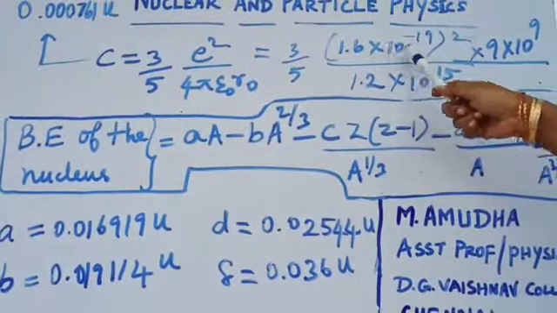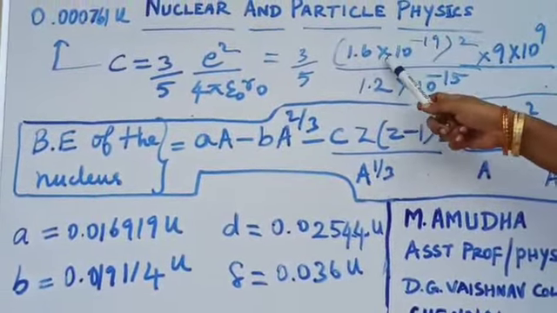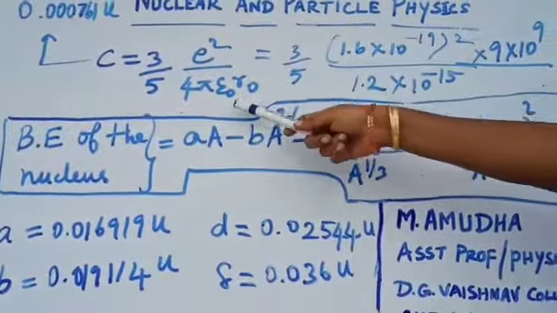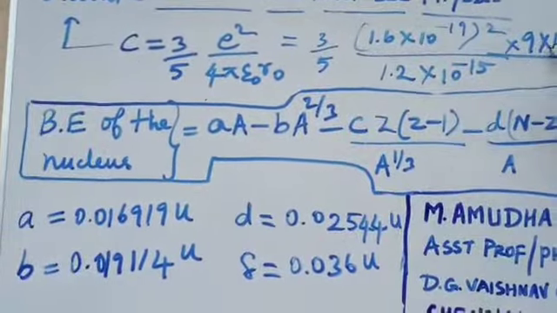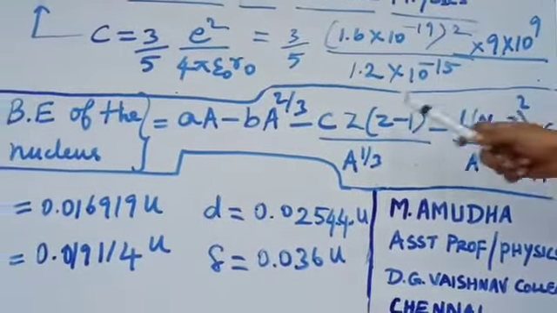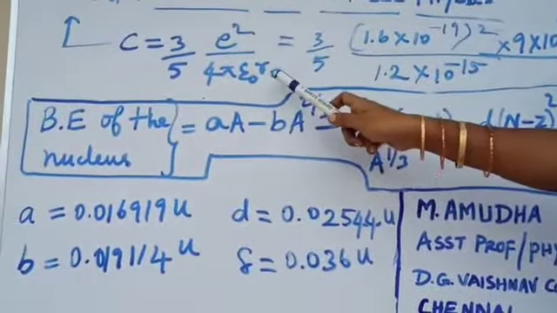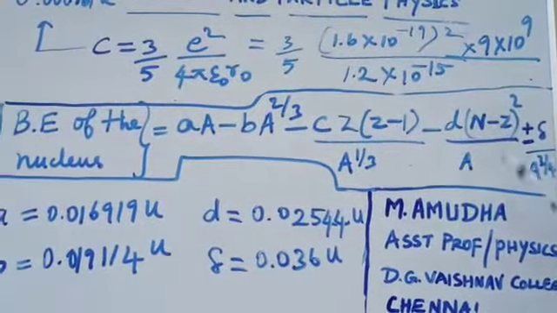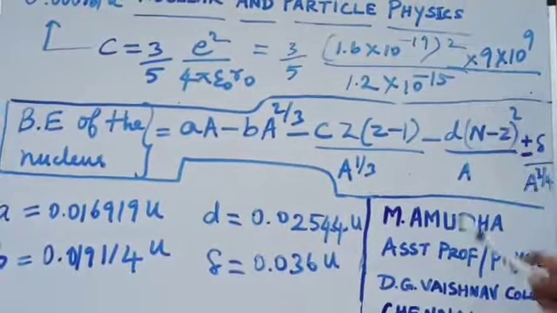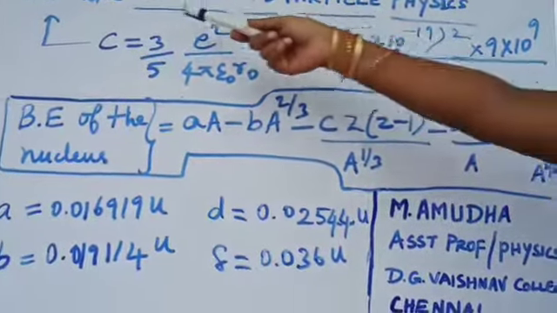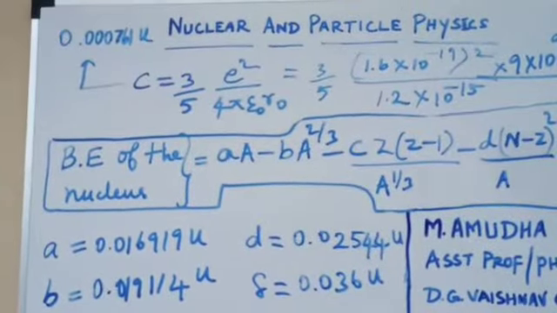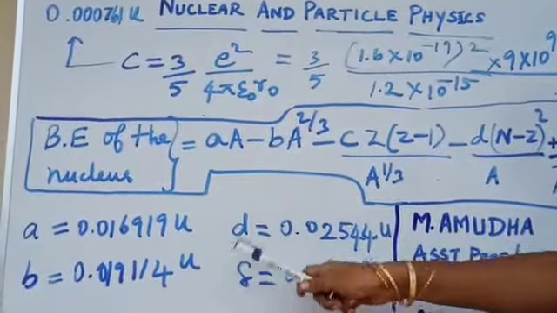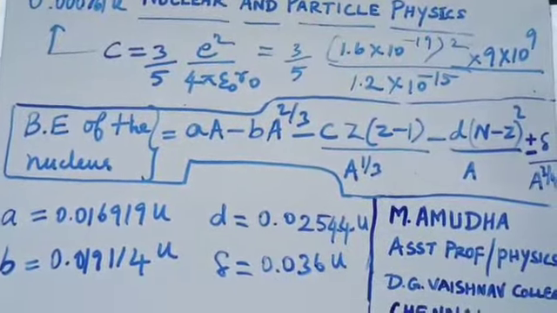For e square, just substitute the charge of the proton, 1.6 into 10 power minus 19 coulomb. 1 divided by 4 pi epsilon naught, the value is 9 into 10 power 9 Newton per meter square. r naught, the nuclear radius parameter, is 1.2 into 10 power minus 15 meter, that is Fermi. Substituting this, you can get the value as 0.00761 atomic mass unit.